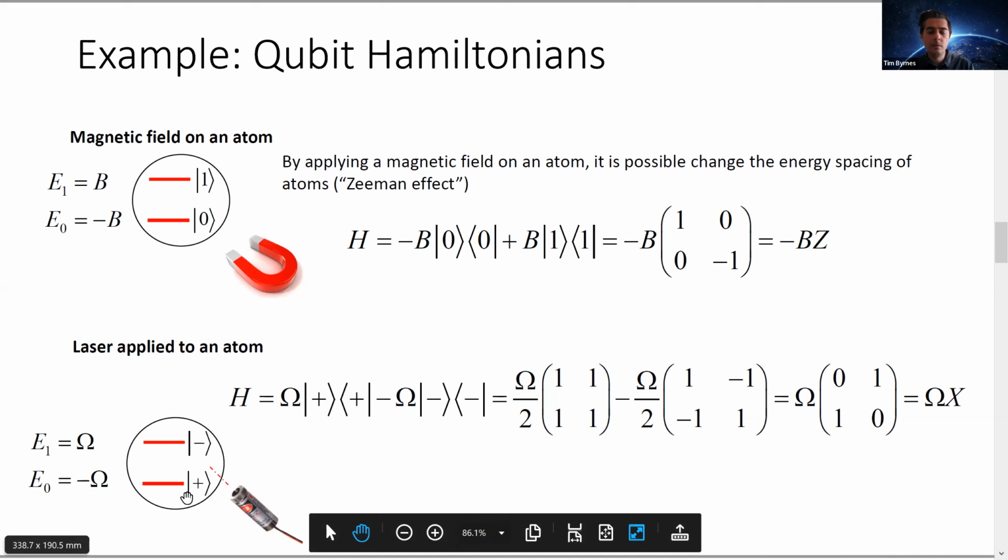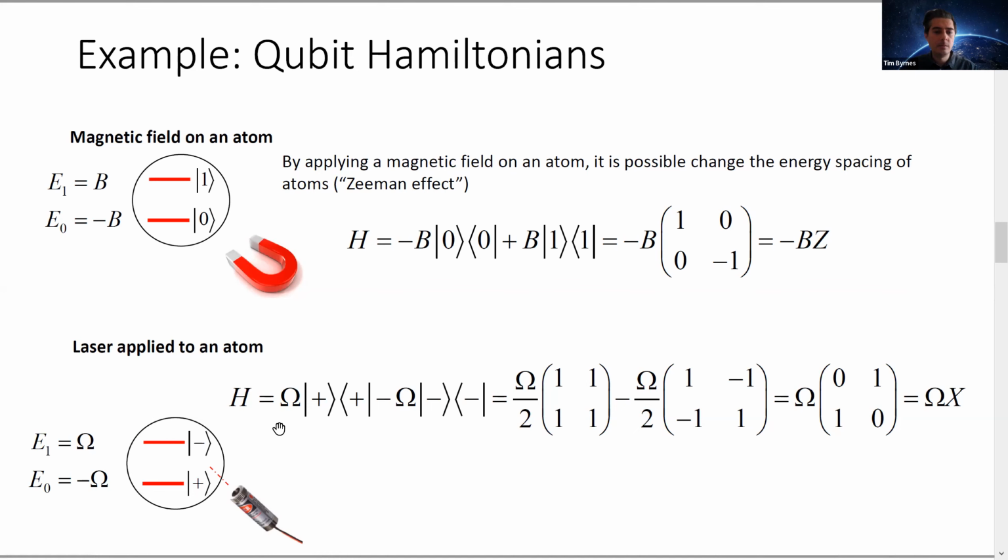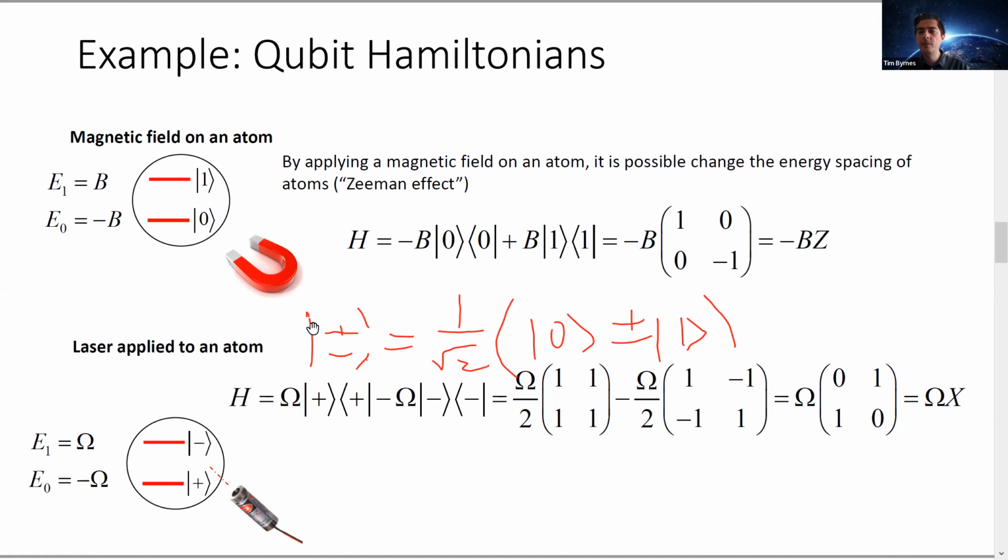In fact, they're the so-called plus and minus states, which I didn't write here, but I'll rewrite: plus or minus is 1/√2, a superposition state. So depending on the physical conditions, it's not just the 0 and 1 states that can have different energies. You can have other states that are set to some energy.